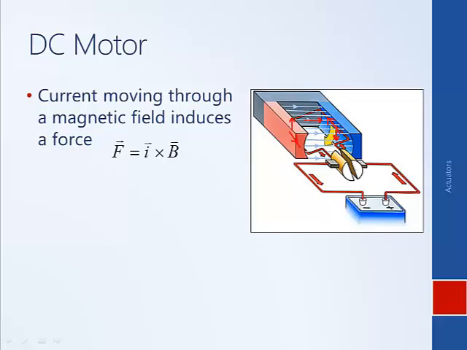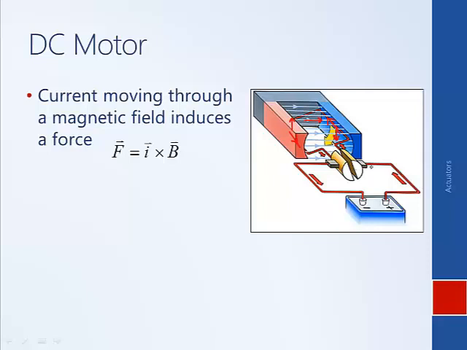Another challenge with a DC motor is that in essence we're trying to get electricity to this thing that's spinning. So you could imagine if we had a sort of a solid physical connection, you could imagine the wires getting tangled up as it continues to spin. And so the way that this is addressed is that DC motors include brushes.